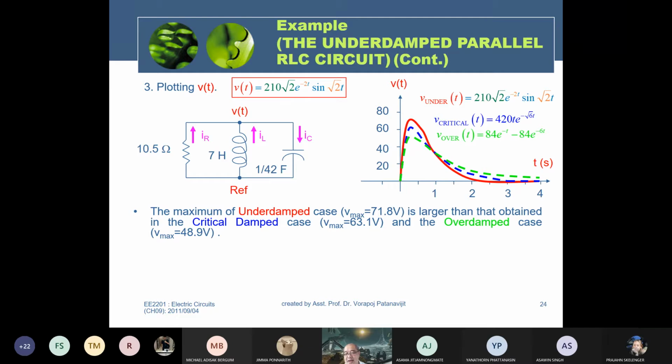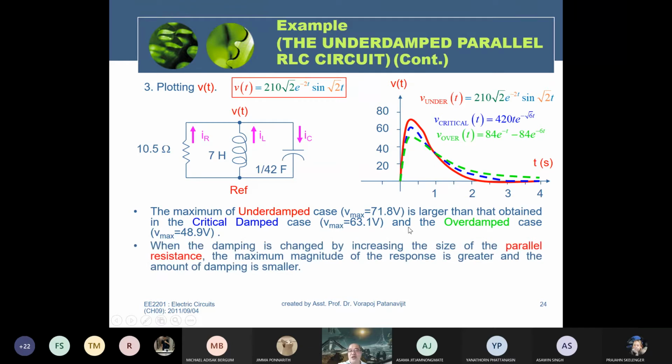The maximum of the underdamped case is about 42 volt, which is smaller than that obtained in the critical damped case. The critical damped case is about 63.1, and the overdamped case is about 48.9 instead.